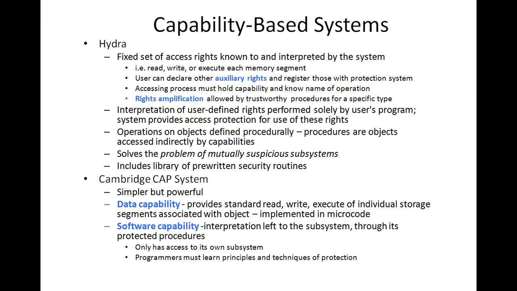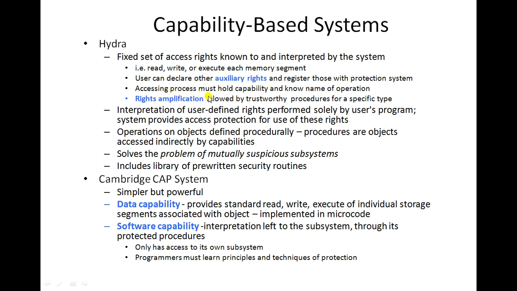You know that a program will have different segments like stack segment, text segment, data segment, code segment, heap segment. So read, write, execute permissions or access rights you can have on each memory segment in case of Hydra. And the user can have auxiliary rights. Auxiliary rights are nothing but temporary rights. You can have the temporary rights on the objects and domains.